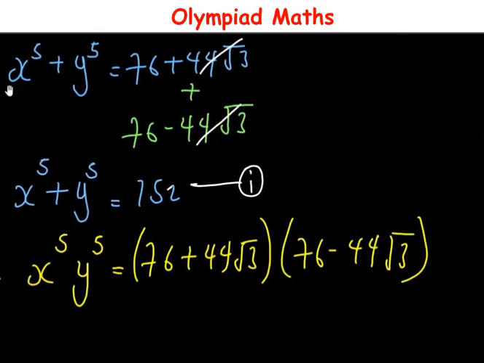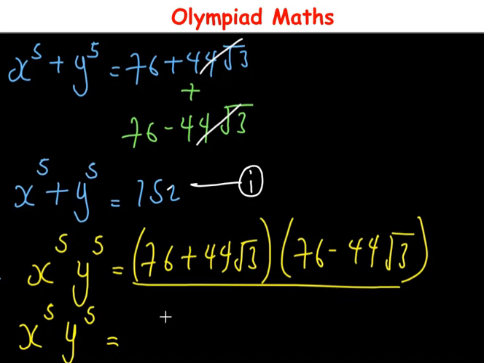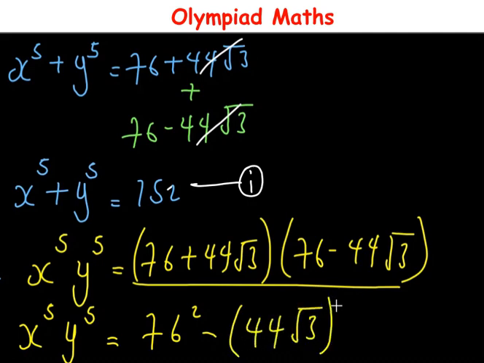So from here, x raised to power 5 times y raised to power 5 is equal to, multiplying this, 76 squared minus, in bracket, 44 times root 3 all squared. 76 squared is simply 5776, and the value of 44 root 3 all squared will give us 5808.